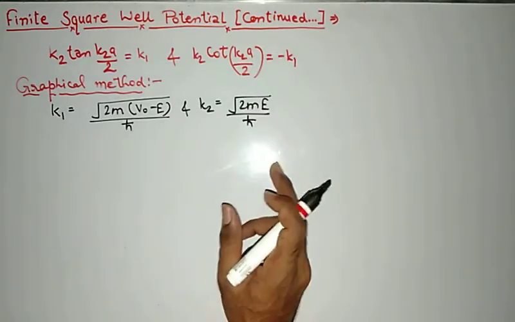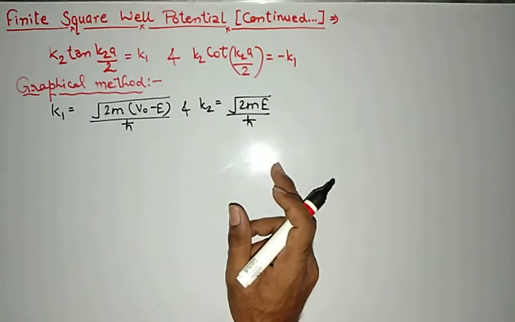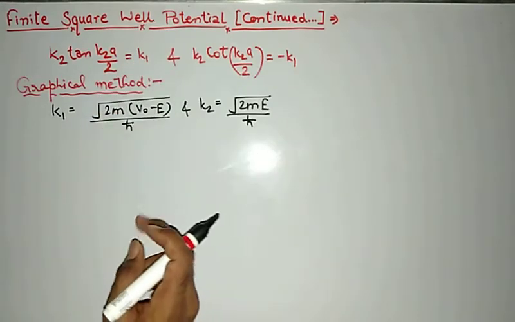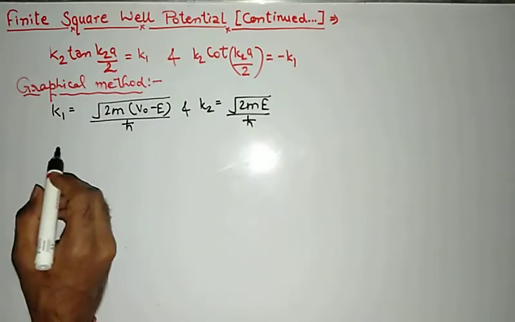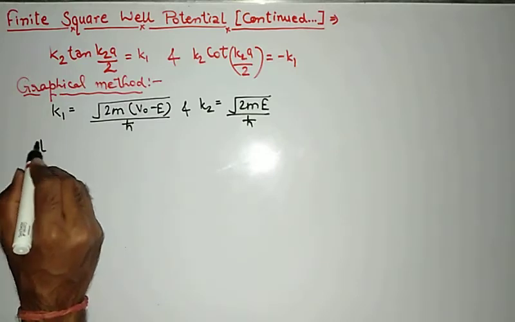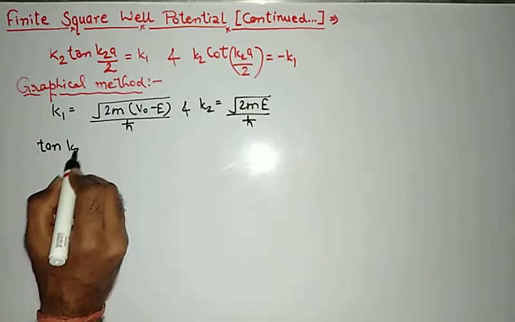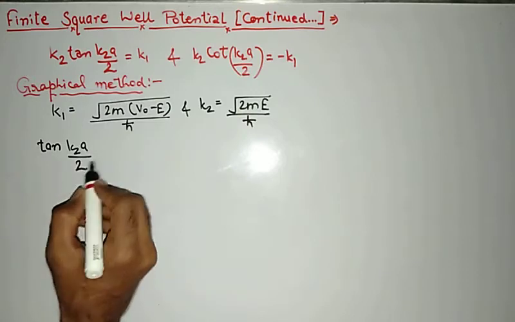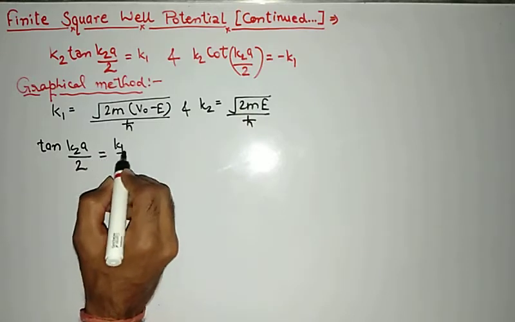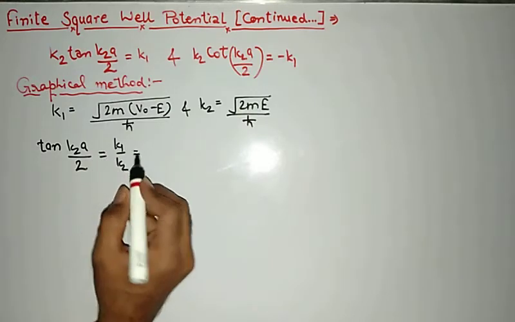So these are the values of K1 and K2. From here we can see that tan(K2 a / 2) is equal to K1 by K2.